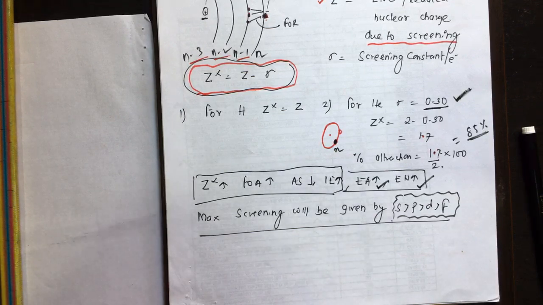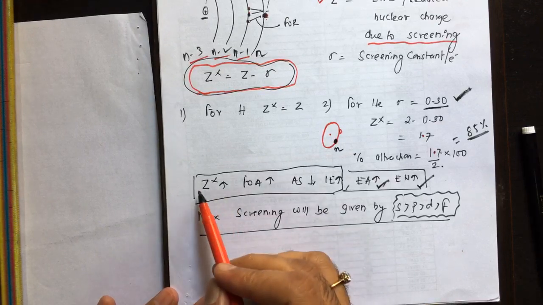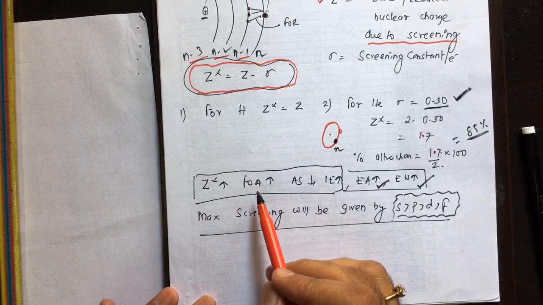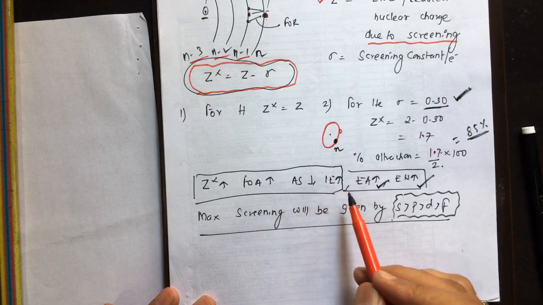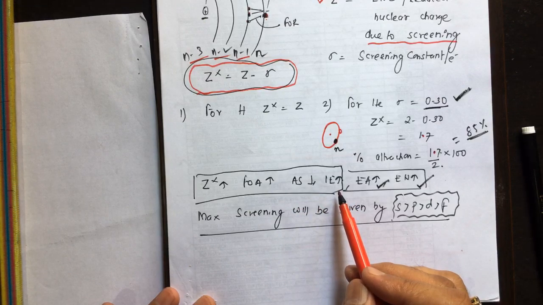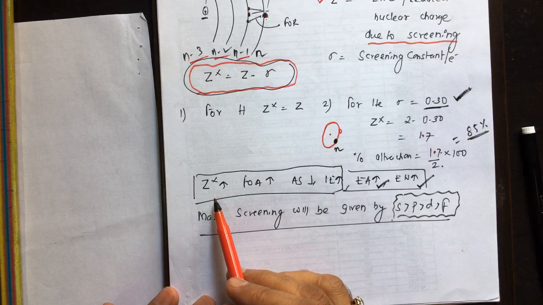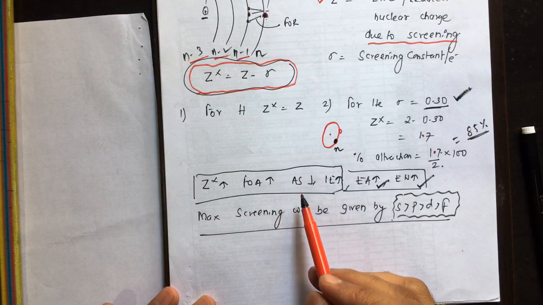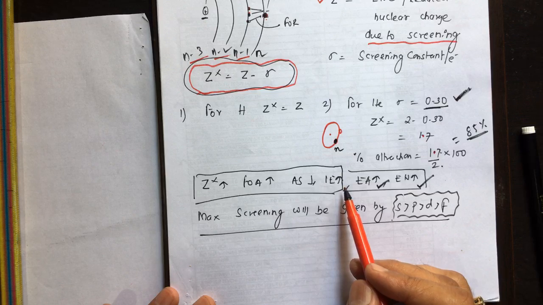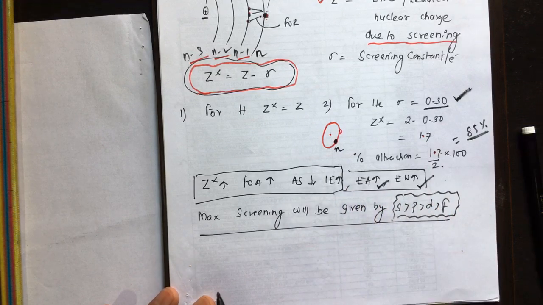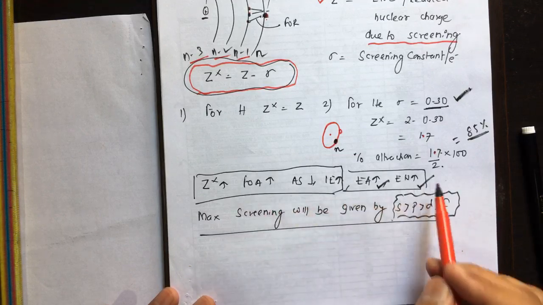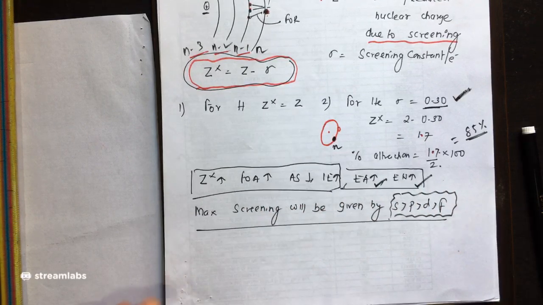So we come to the conclusion that as the value of Z* goes on increasing, the force of attraction will increase, the atomic size will decrease, and ionization energy will increase. The more the effective nuclear charge, the more the attraction, the smaller the size, the more the ionization energy, the more the electron affinity, and the more the electronegativity. These all will be enhanced. Which will provide the maximum screening, dear students?